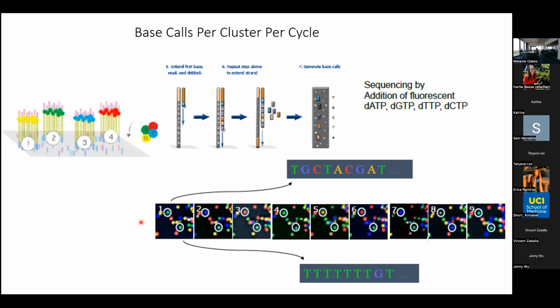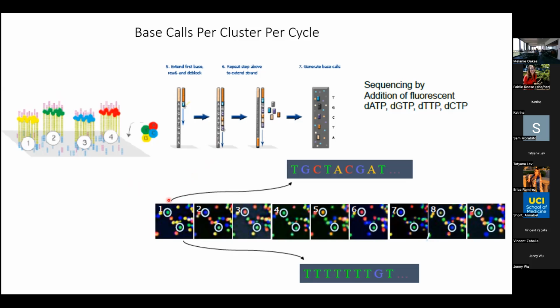So in the first cycle of imaging, for instance, if we look at it, this down here is looking at a tile on the flow cell that's got a number of clusters, okay?